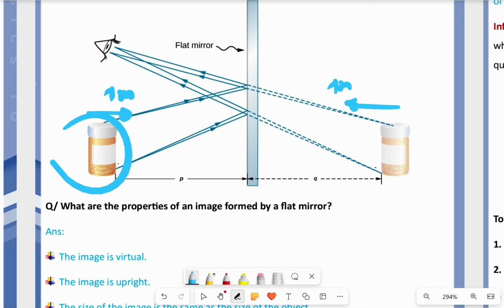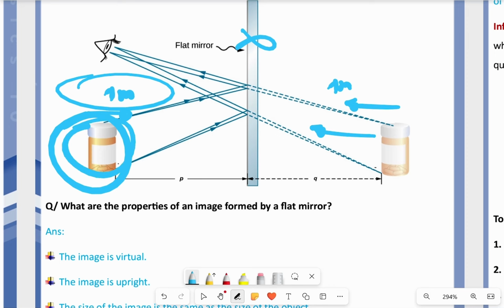So relative to this observer, this image is going to have twice its speed. If the observer is going 1 meter per second, the image is going to be moving 2 meters per second. Careful, we're not considering the mirror here. We are comparing the motion of the object, the observer, and the image.